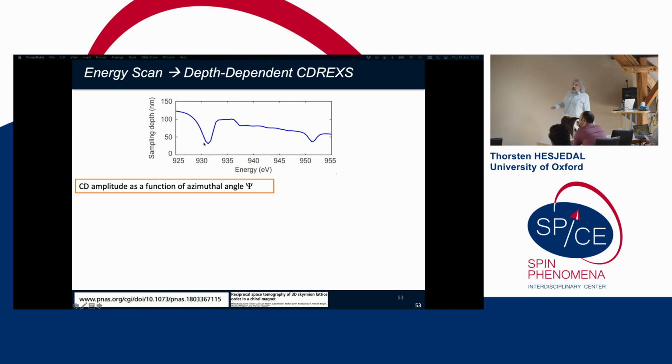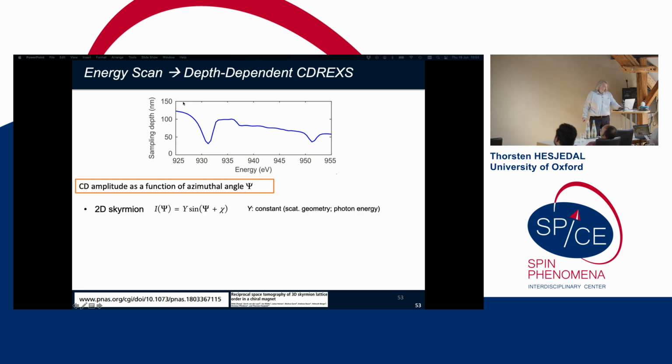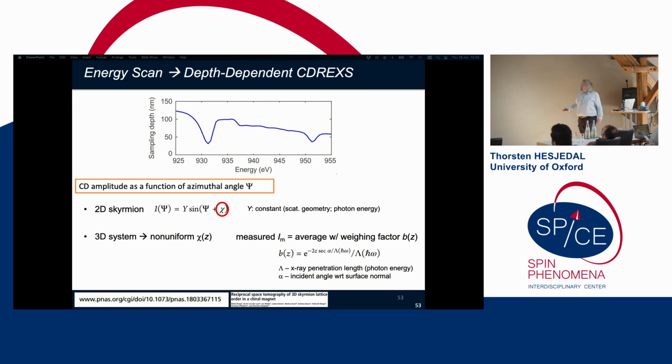If you are at resonance, you are very shallow in your probing depth, because the X-rays are absorbed resonantly. If you're off edge, you still have plenty of photons, so you actually have a larger sampling depth. Using that, we can look at the distribution of the helicity angle as a function of depth, and we can do a layer model, reconstruct all of this and do a fit.